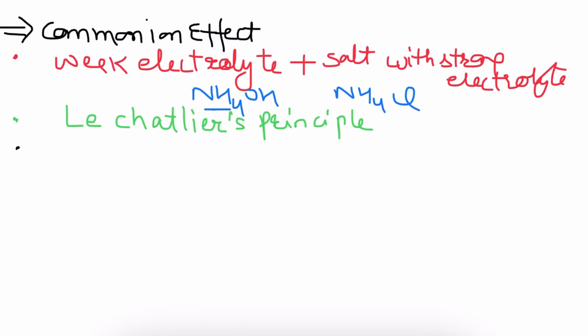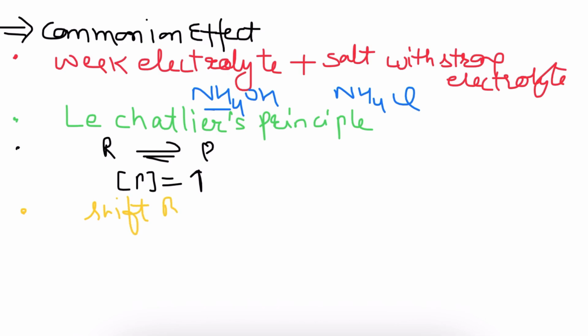According to Le Chatelier's principle, if a reactant changes to product and there is an increase in concentration of product, like in this case, an increase in concentration of ammonium ion because of the addition of ammonium chloride to the reaction mixture, then the reaction shifts in the backward direction.